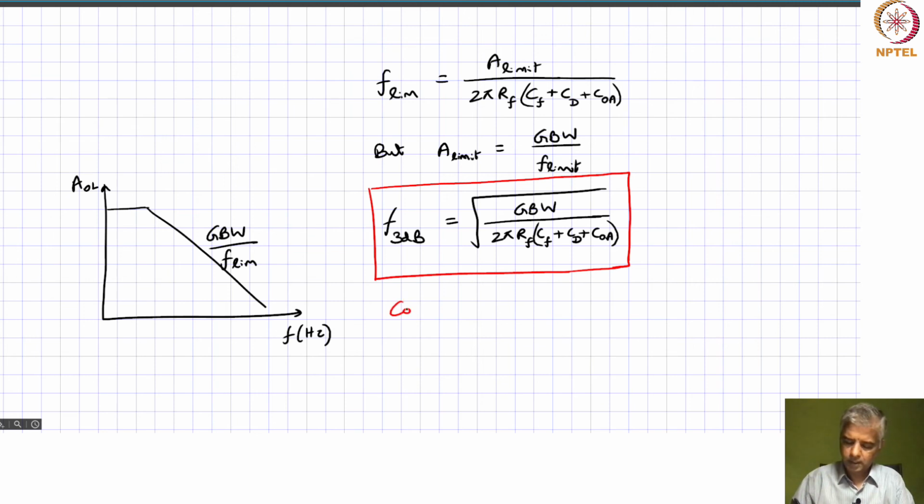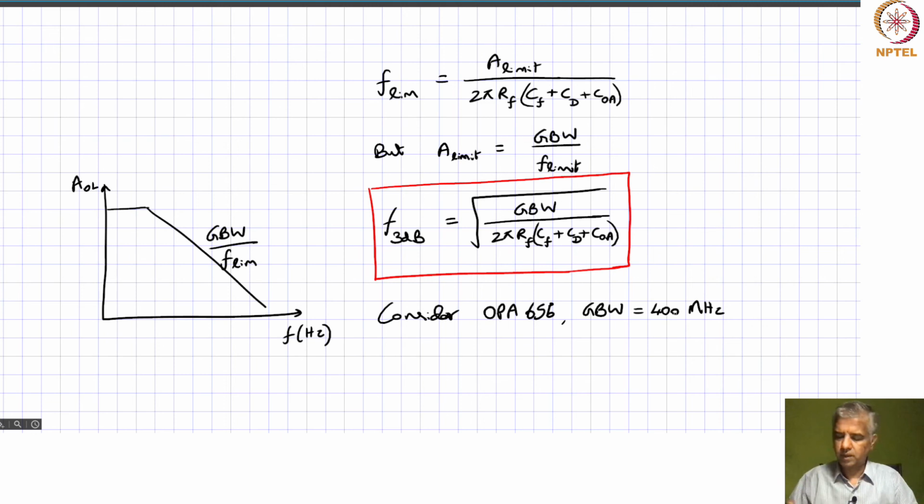Now consider, say, a popular op amp, the OPA656, which has a gain bandwidth product of roughly 400 megahertz. It's one of the op amps with higher gain bandwidth product.